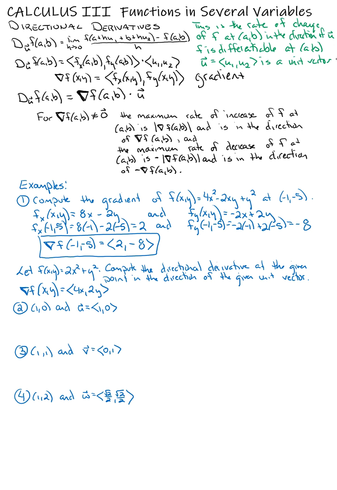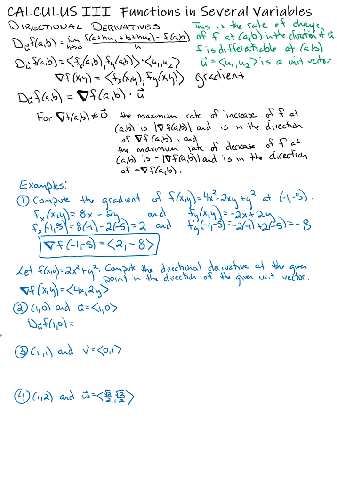All right, so for example 2 here, we have the point 1, 0, and our unit vector is the vector 1, 0. So the directional derivative in the direction of u of f evaluated at 1, 0.